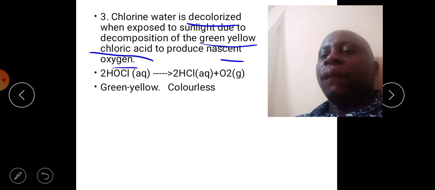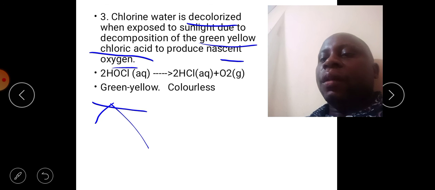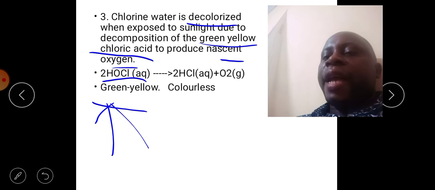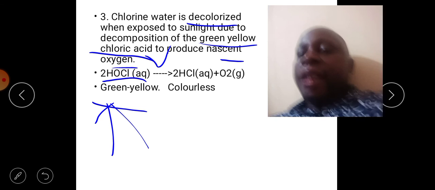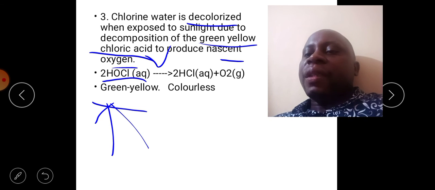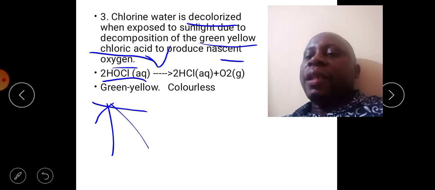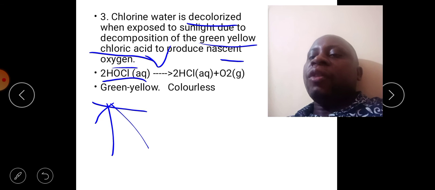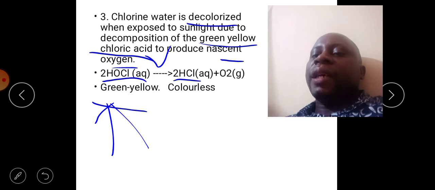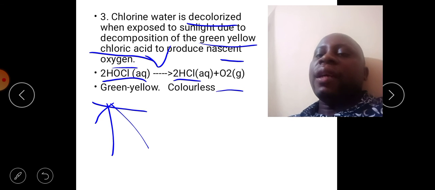So when you expose chloric 1 acid to light, the energy from the UV light will decompose chloric 1 acid, which is green-yellow in color, to form hydrochloric acid, which is colorless, and oxygen gas.